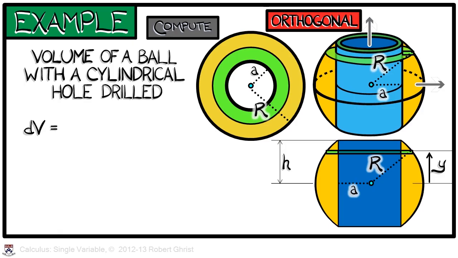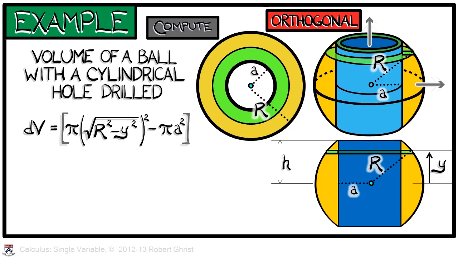Well, in this case, the outer radius is, through a right triangle computation, square root of r squared minus y squared. The associated area of that disk is pi times that quantity squared. When we subtract off the area of the inner radius disk, that's removing pi a squared. This times the thickness dy gives the volume element.